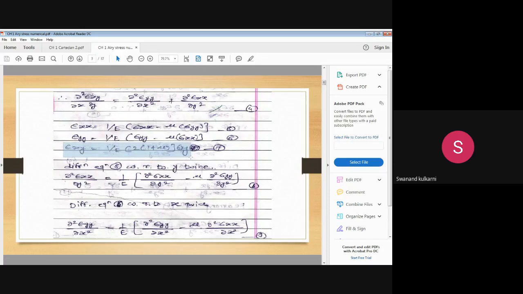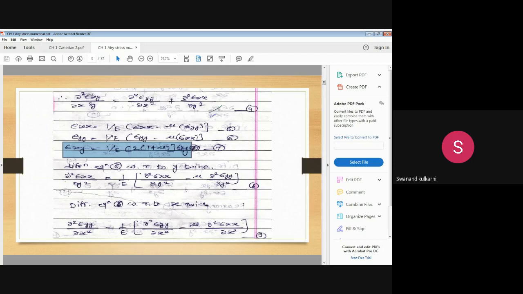Then the shear strain: if we try to understand the concept of shear strain here, we will come to know that epsilon xy is nothing but 1 upon capital E into bracket 2 into 1 plus mu into sigma xy, because of the relationship between shear stress and shear strain. Shear stress upon shear strain is nothing but the shear modulus.